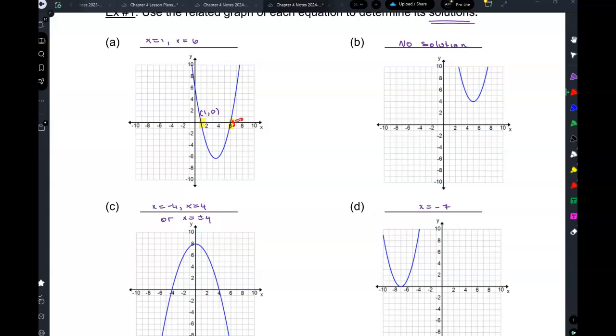Right before that, the y values are all negative. Right after the x-intercept, all the y values are positive, right? So do you see that at the solution, the y values change between negative and positive?